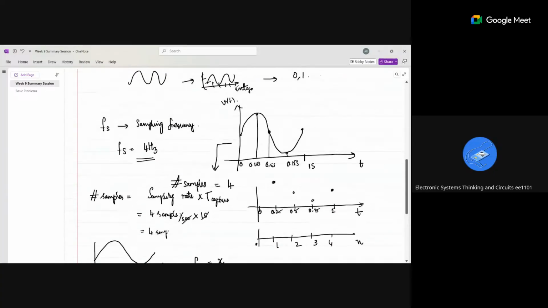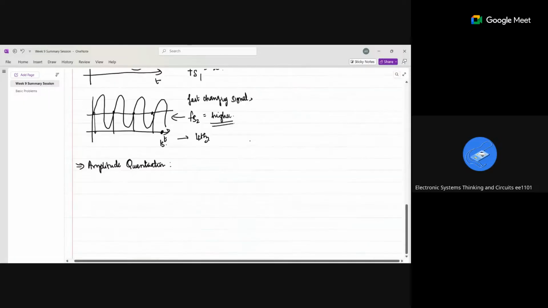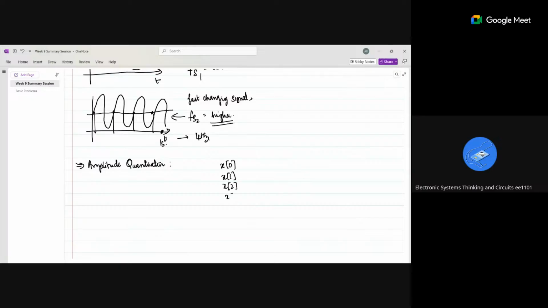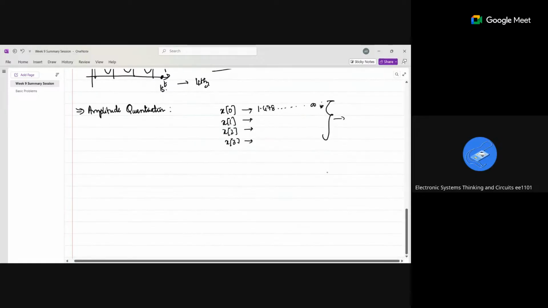Here we saw that we have broken down the x-axis, that is the time axis, into 4 points, x of 0, x of 1, x of 2, x of 3, and each value can be represented by a value which is infinite in nature. So I have to find a way to discretize this also. That's why I'm going for amplitude quantization.